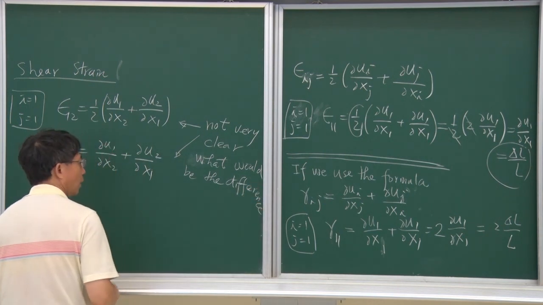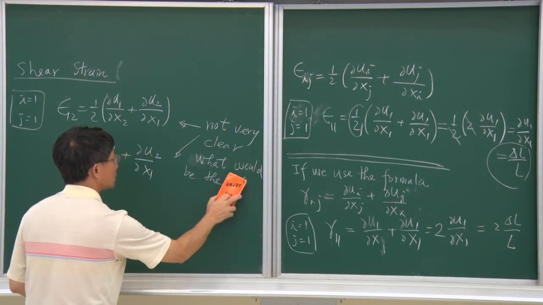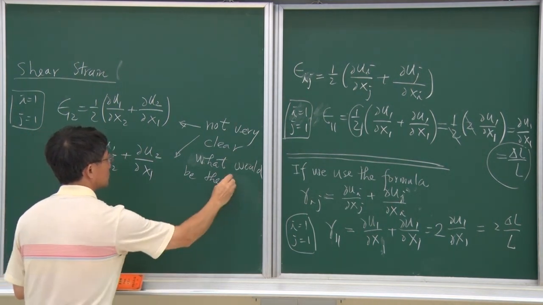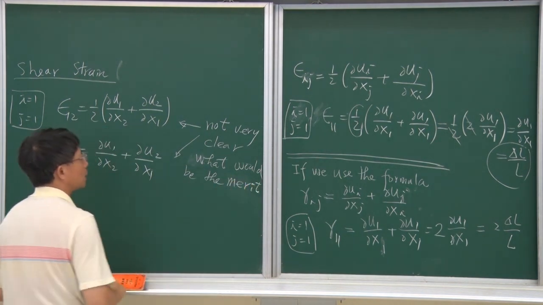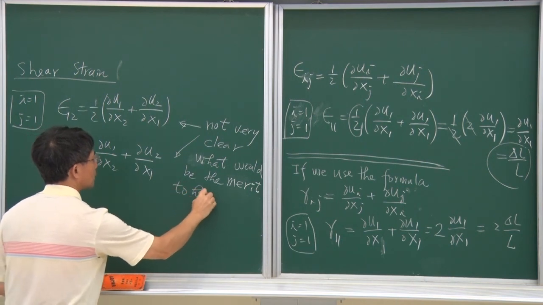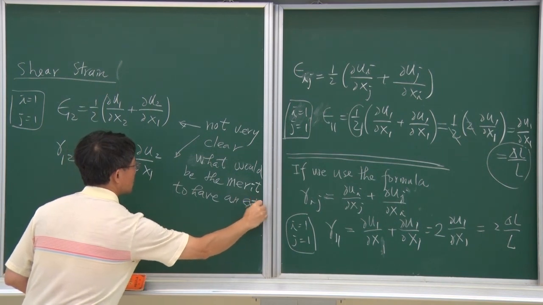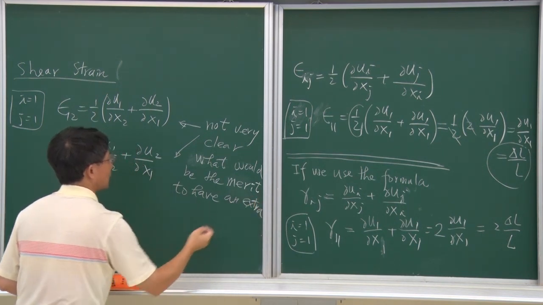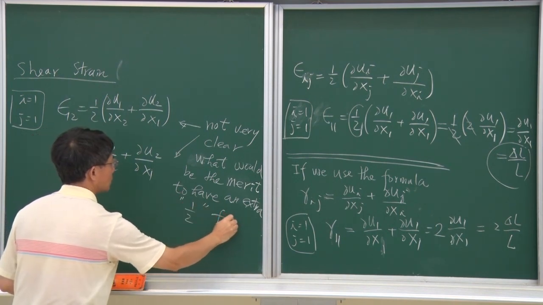What would be the, not the difference, what will be the merit to have an extra 1/2 factor?